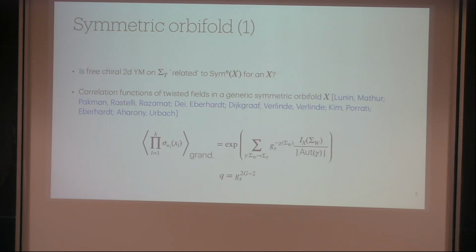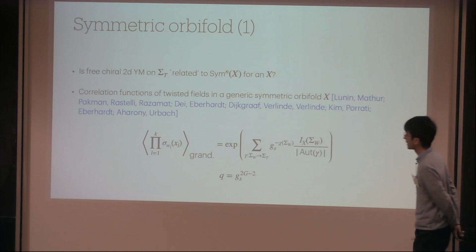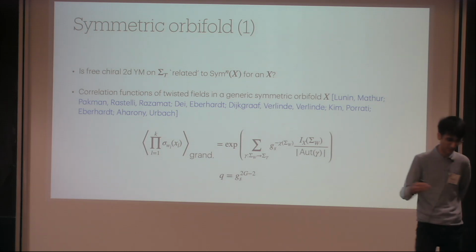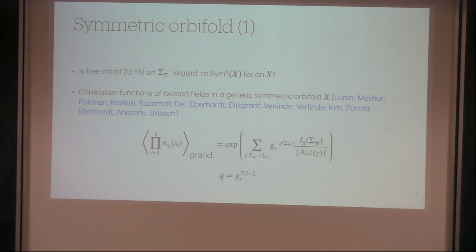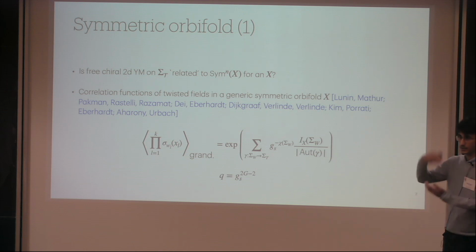Then the question is: is this free 2D Yang-Mills by any chance related to a symmetric orbifold? In the symmetric orbifold, we have twisted ground states and twisted sectors. If I want to calculate the correlation functions of such twisted fields, there are papers by Lunin and Mathur showing that we should go to the covering space.